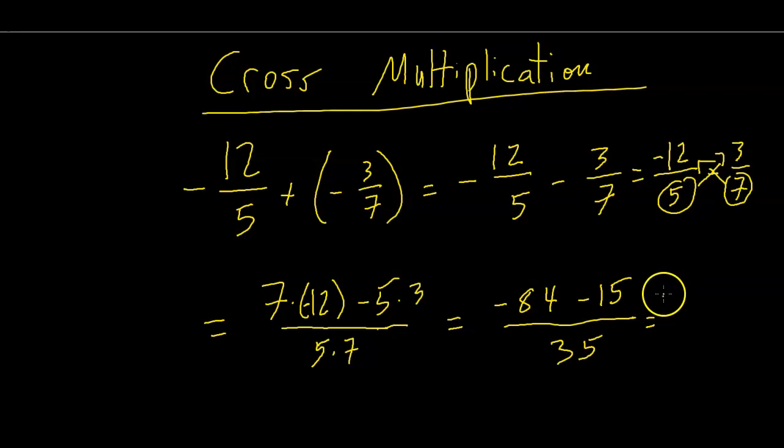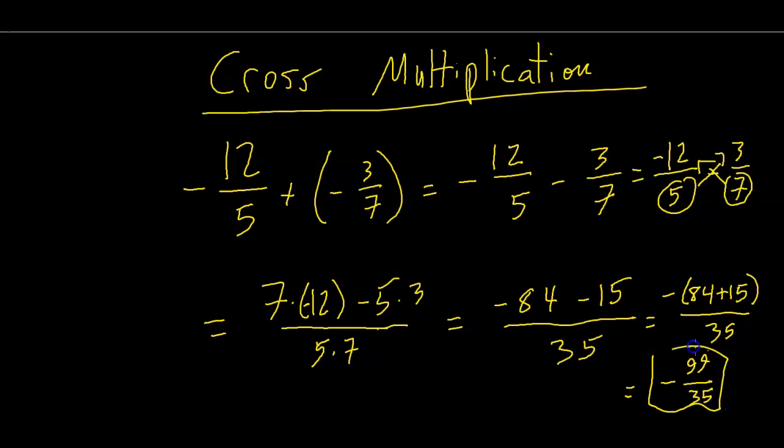It's exactly like the opposite of adding the numbers, right? Hopefully we remember that. So this is nothing but negative 84 plus 15, still over 35. 84 plus 15 is 99, right? So our answer is negative 99 over 35, and that is in simplified form.